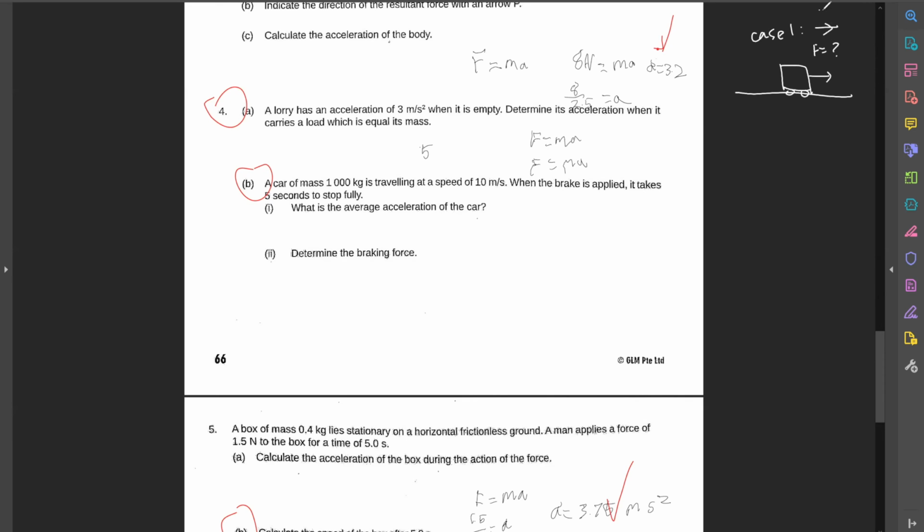Acceleration is 3 meters per second square. So that means force is unknown, but the force remains constant. So force equals mass times acceleration. So force equals 3m.